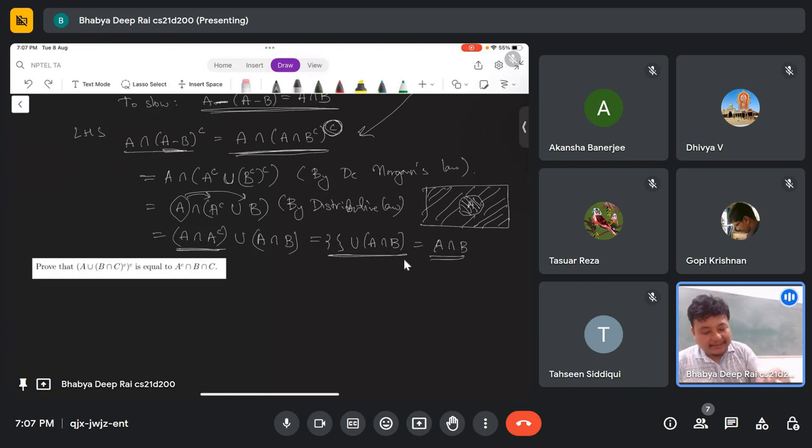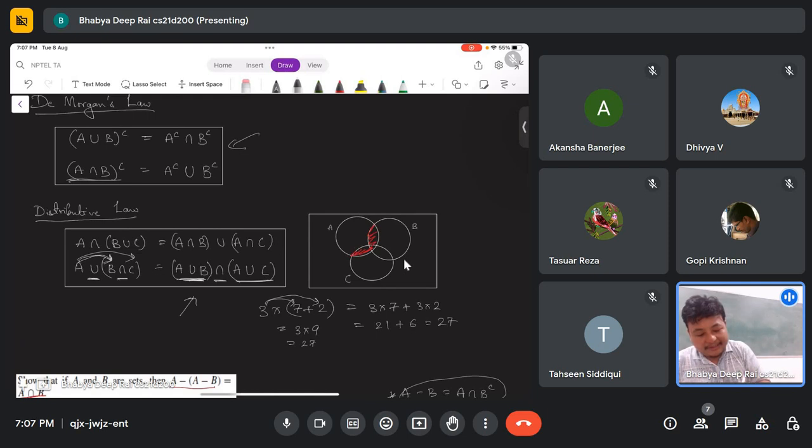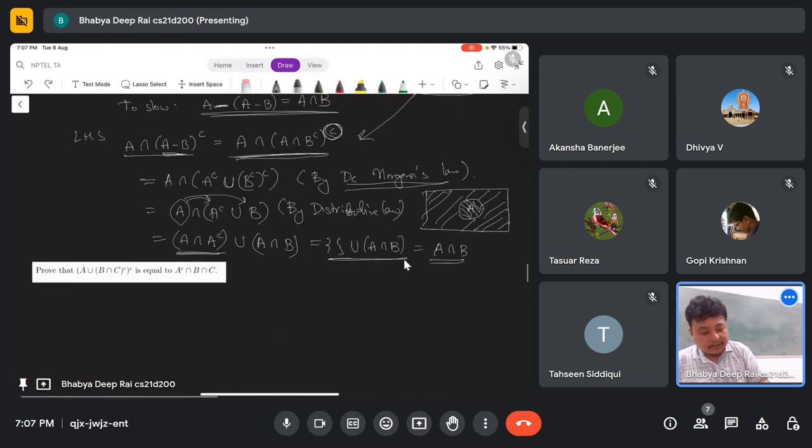So in such cases, when you have big chunks of intersections and unions with complements, always use De Morgan's law. What does De Morgan's law state? De Morgan's law states that if there is a complement outside the huge chunk, I can bring the complement inside at the cost of changing unions to intersections and intersections to unions. Okay, good.